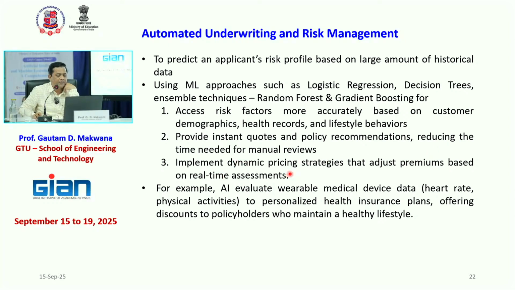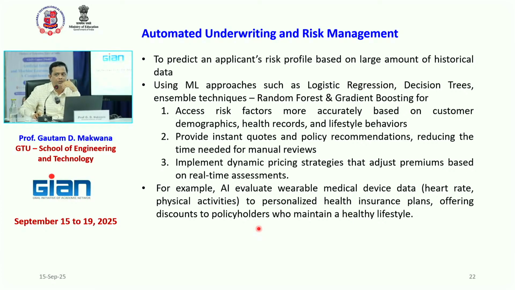Implement a dynamic pricing strategy that adjusts the premium based on real-time assessment. For example, AI evaluates wearable medical device data such as heart rate and physical activity to personalize the health insurance plan, offering a discount to policyholders who maintain a healthy lifestyle.